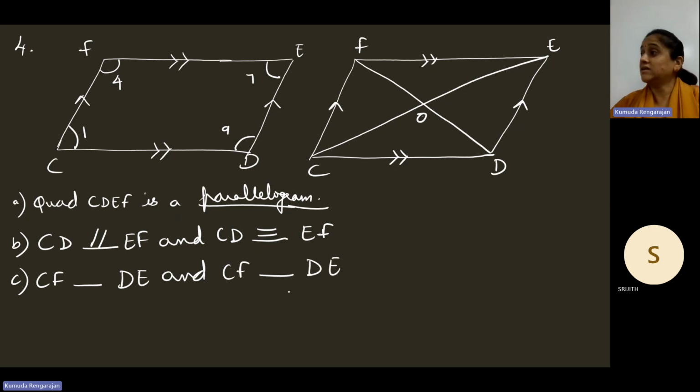This was done in the last class. All sides cannot be parallel. Only opposite sides can be parallel. CF is parallel and equal.